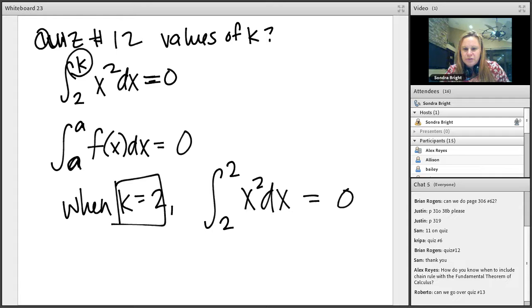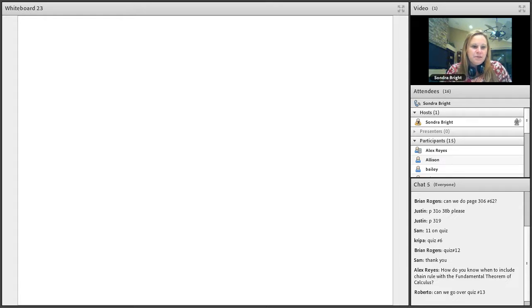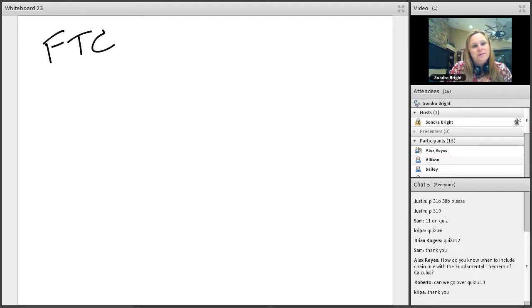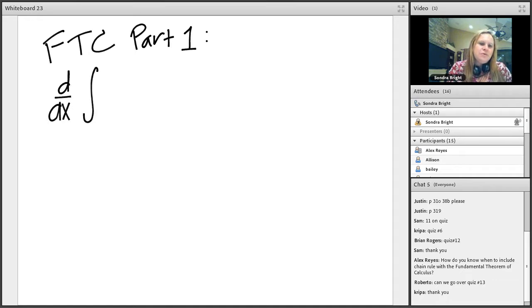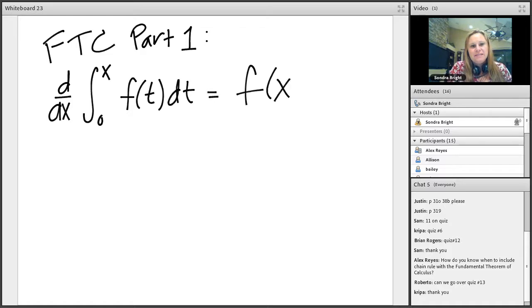How do you know when to include chain rule with the fundamental theorem of calculus? All right, anytime it's not just an x. So the fundamental theorem of calculus says, well, part 1, right? Hopefully I remember it. Part 1 says, if you take the derivative of an integral from any constant, I'll just put 0, to x of f of t dt, then it's just f of x.